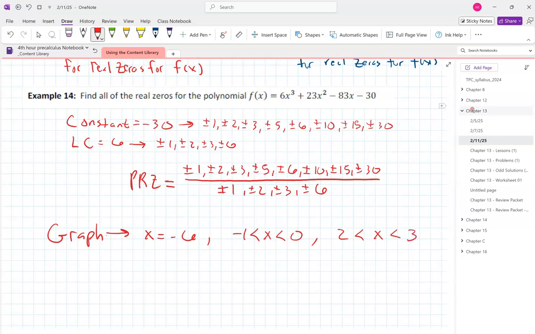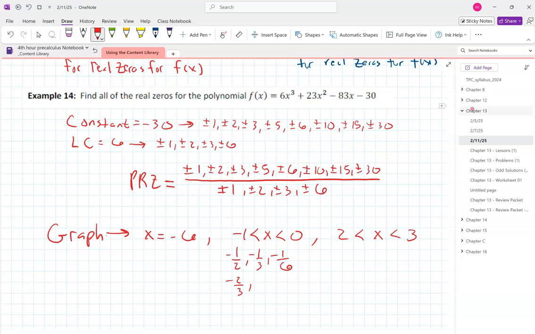Is everybody okay with that? So the things that could be in between -1 and 0, well, let's think here. You could have -1/2, -1/3, -1/6, -2/3. Well, -2/6 is the same as -1/3, so I won't bother with that.